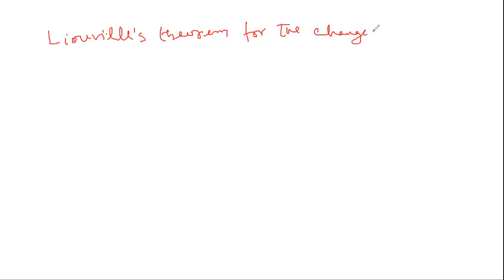In the last lecture, we discussed Liouville's theorem. We will continue with that. So let me write Liouville's theorem for the change in density with time.